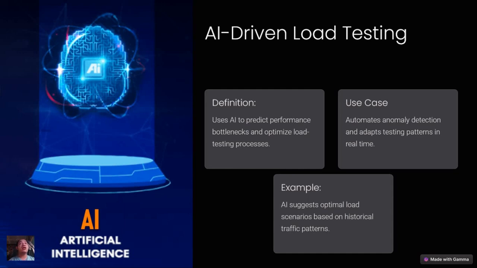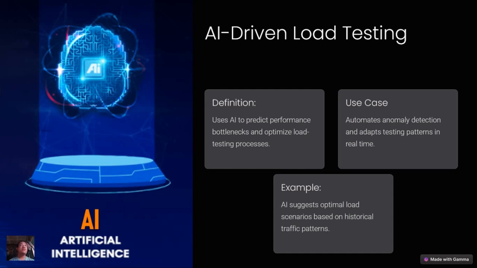Next is AI-driven load testing. Definition: using AI to predict performance bottlenecks and optimize load test performance. Use case: automate anomaly detection and adapt testing patterns in real time. For example, AI suggests optimized load scenarios based on historical traffic patterns.